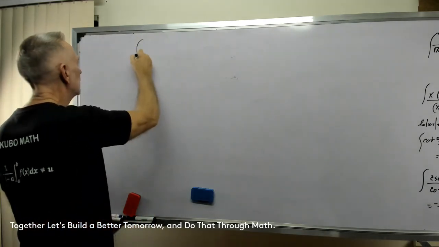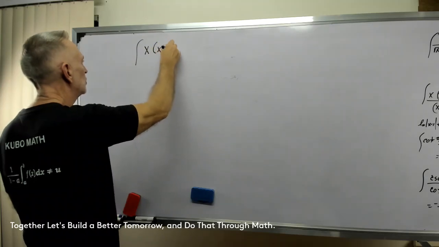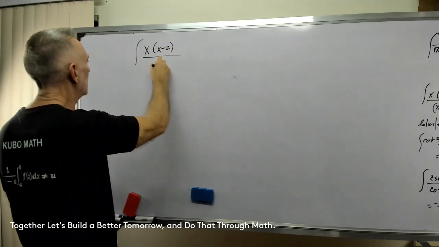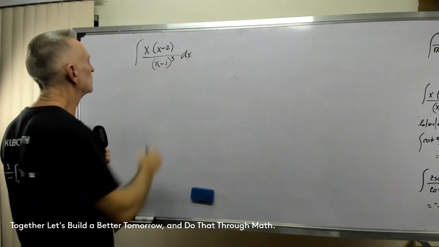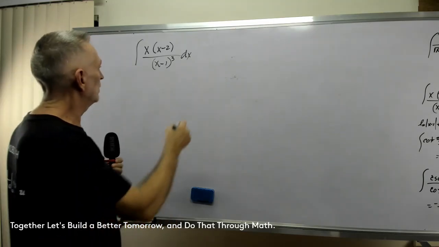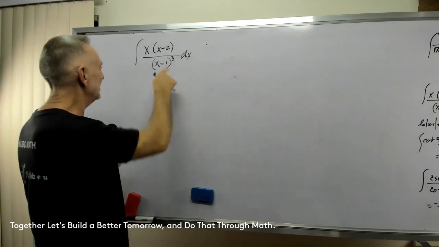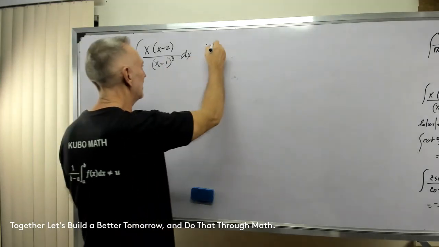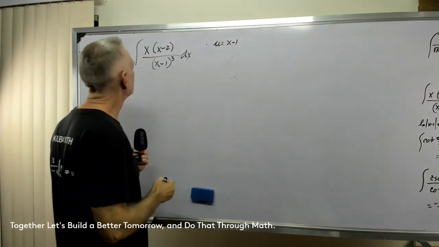This one is interesting. We have the integral of x times x minus 2 over x minus 1 cubed dx. What to do here? Well, since we're dealing with natural logs, I'm going to guess maybe I let u equal x minus 1.